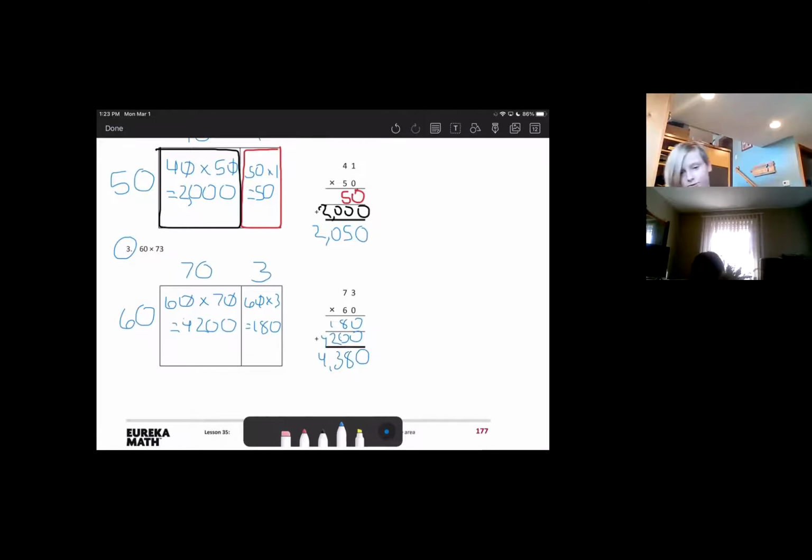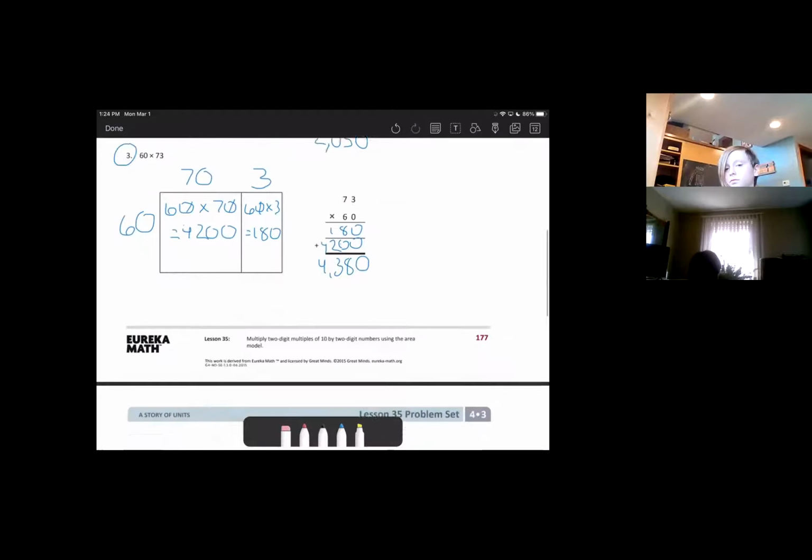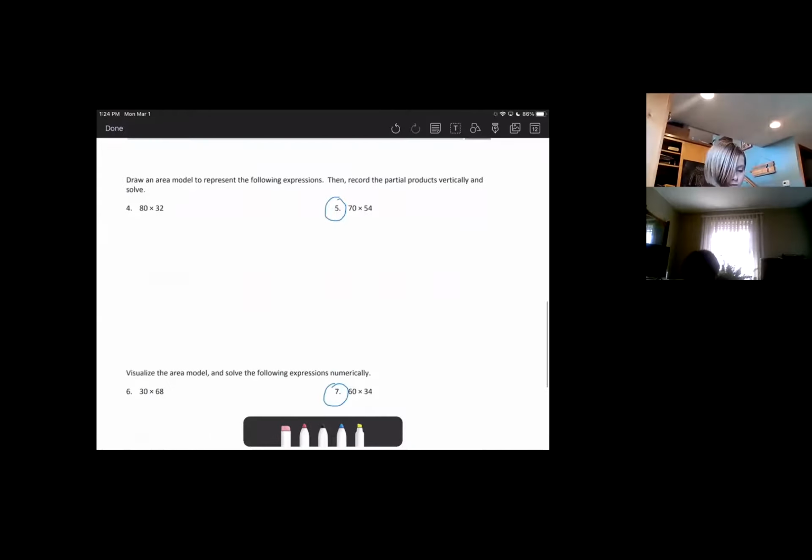All right, so we're going to move on to number 5. So you have to turn to the next page. All right, so for number 5, we need to draw our own area model. And then we need to write our problem vertically, just like we did before, but we're going to draw it ourselves and write it vertically ourselves.